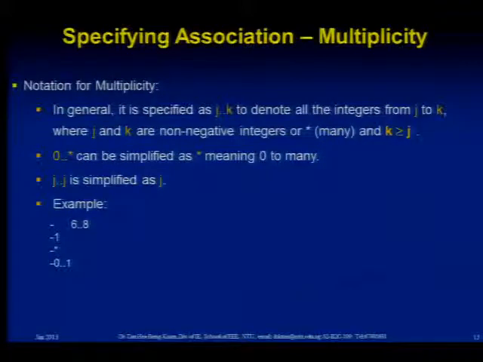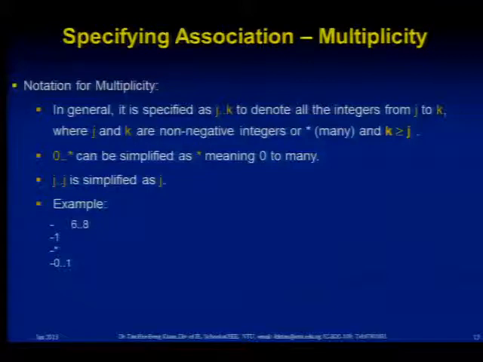Now we come to multiplicity. In the association, besides the basic notation I have just shown you, we have to define multiplicity. Multiplicity is similar to cardinalities in ER modeling.